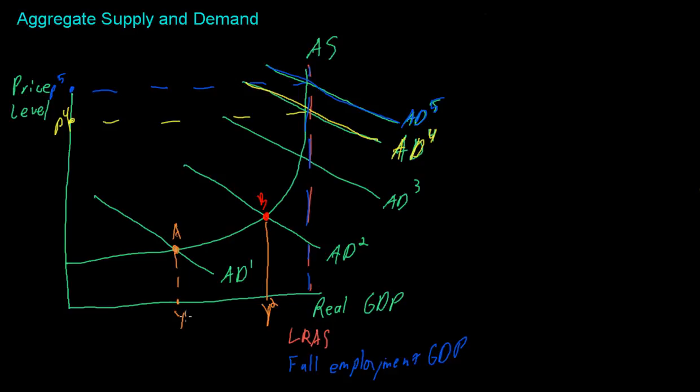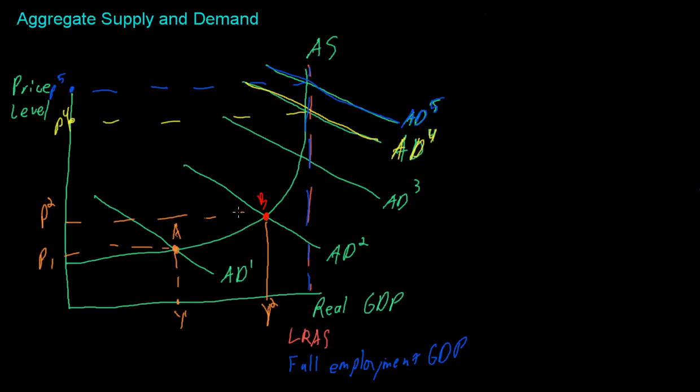When you're on this non-full employment part of the line, real GDP will shift, and we can also see here's P1 and here's P2, so the price level will shift too.